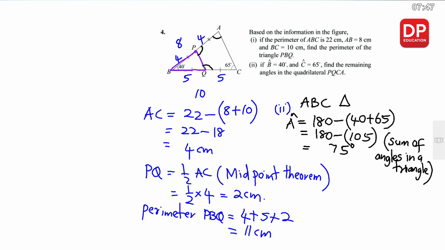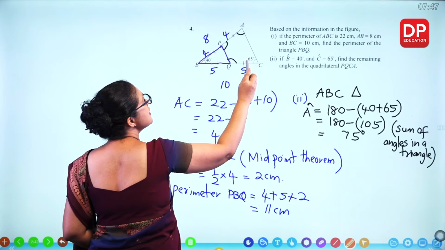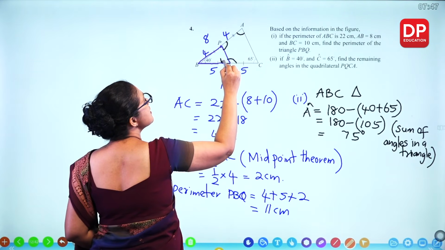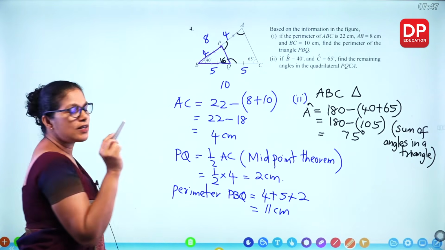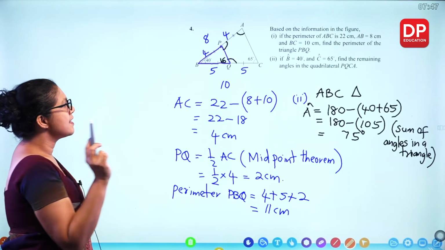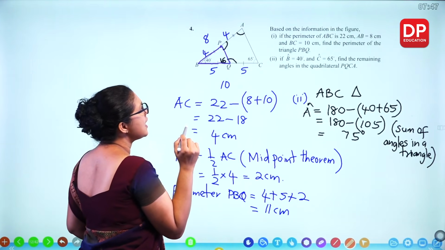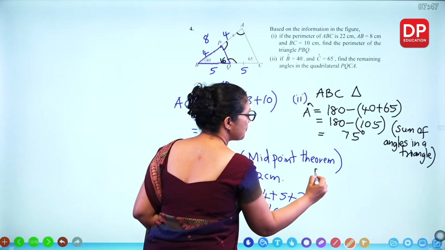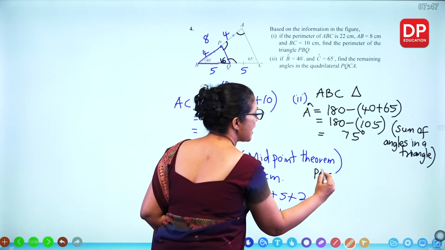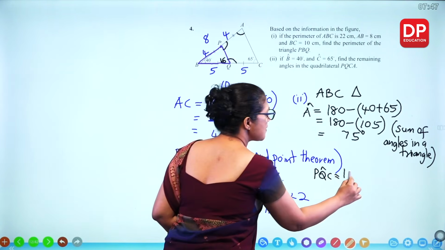We know according to midpoint theorem, these two are parallel. So if this is 65, this is 65. Or what are the angles? Corresponding angles. So we can find out the Q angle, PQC angle. PQC angle is 180 minus 65.